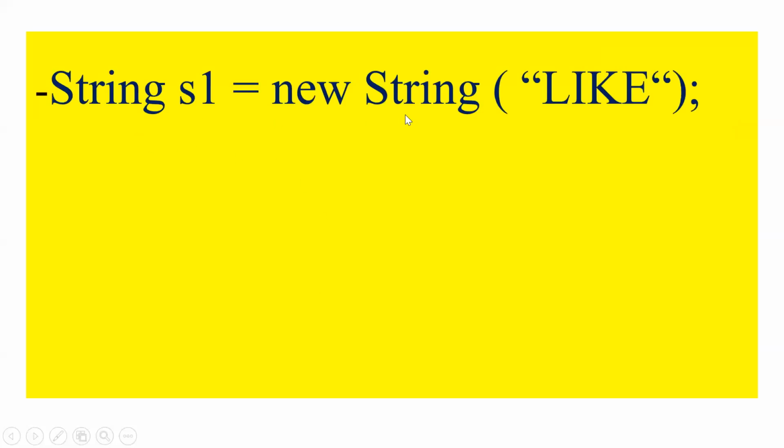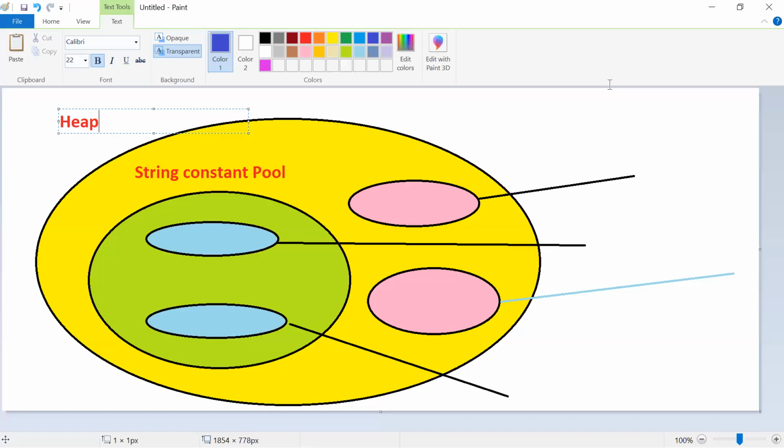Next, String s1 = new String("like"). Okay, we would create this string. So what will happen according to the definition? Whenever we create an object using the new keyword, let's see in the diagram. First we would create the like object in the heap area, and the reference would be passed to it.